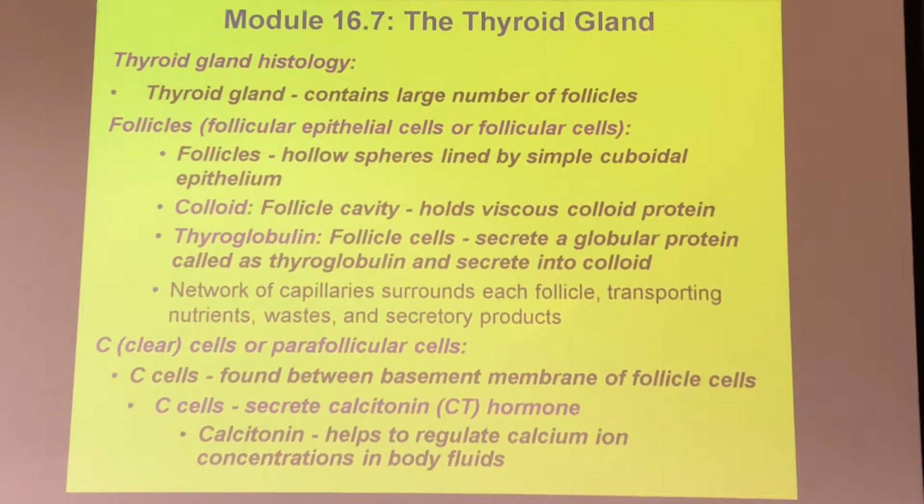Histology, you know, if you take a slice, how the cells look. So histology, the thyroid gland has a lot of follicles. And in the slide, some of you have seen the follicular cells, the colloid, and parafollicular cells, and some of you will see them today. So the follicles basically have follicular cells. These surround hollow spheres, and I'll show you a picture.